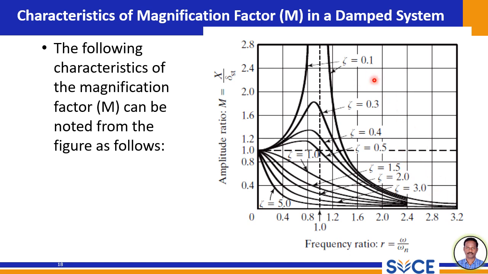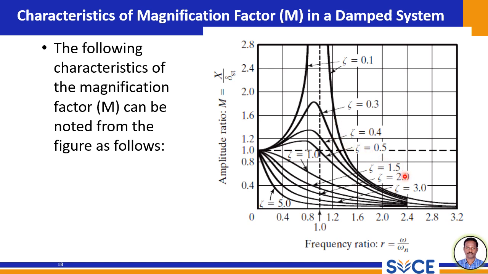As you can see, the value of damping significantly affects the shape and peak of the curves. For low damping, that is psi less than 1, the curve exhibits a peak at a frequency ratio close to 1. This represents the forcing frequency being equal to the natural frequency, that is resonance, resulting in greater amplification of vibration.